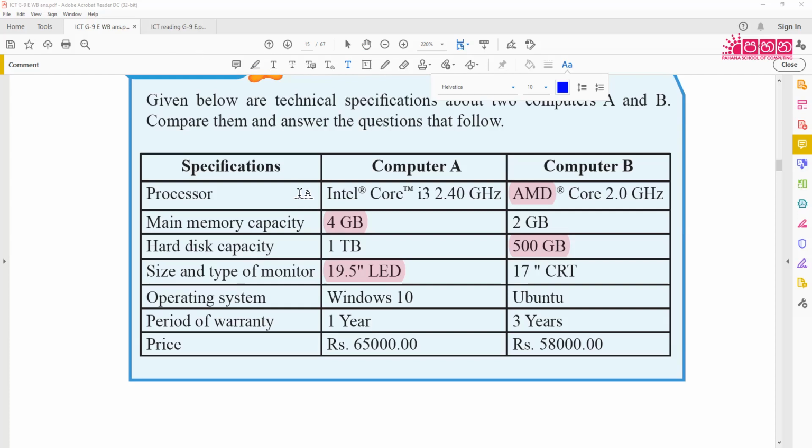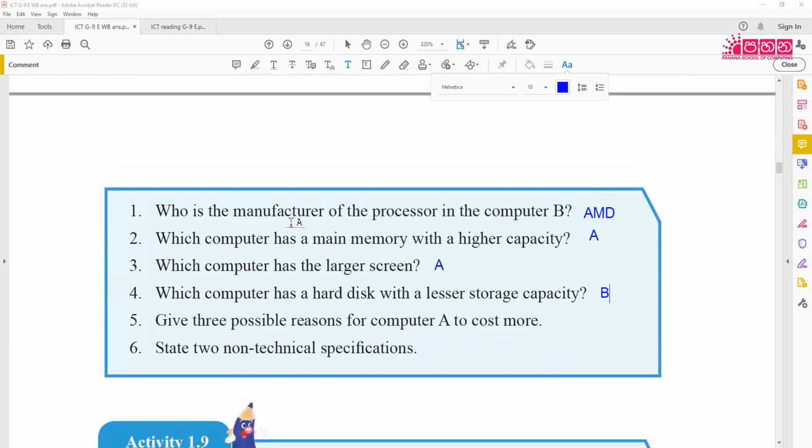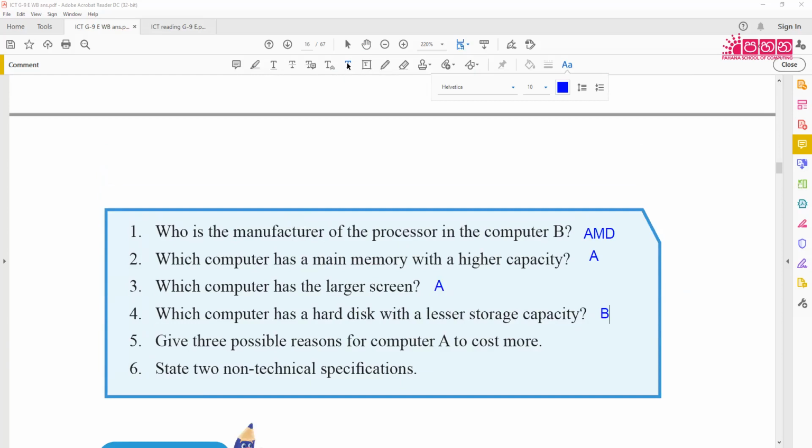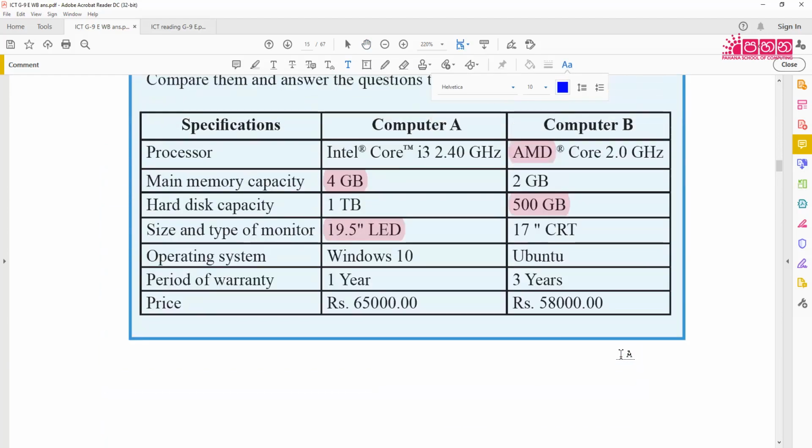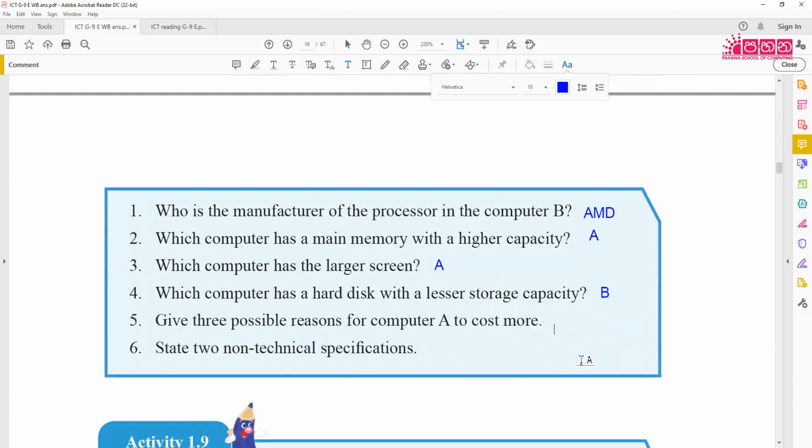Right. Okay. So let's move to the reasons. Yes. There could be a couple of reasons we can talk about. We can say high speed processor, right?